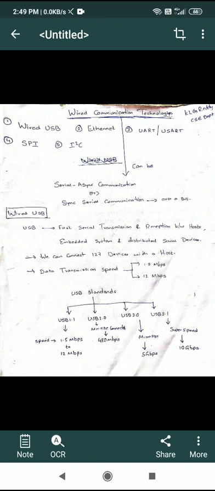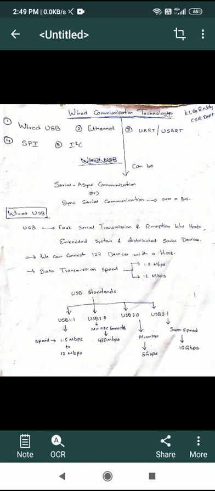Now we discuss wired USB. We all know that USB is an acronym for Universal Serial Bus. This wired USB is a fast serial transmission and receiving between the host, embedded systems and distributed devices.